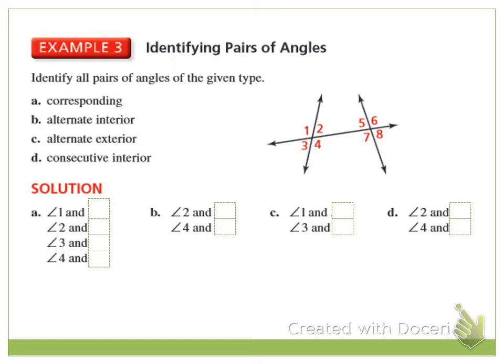So letter A, we want corresponding angles. Angle 1 is located in the top left. So what corresponds with angle 1 at the other intersection? Angle 5. So angle 1 and angle 5. Angle 2 is in the top right, so it corresponds with angle 6, which is also in the top right.